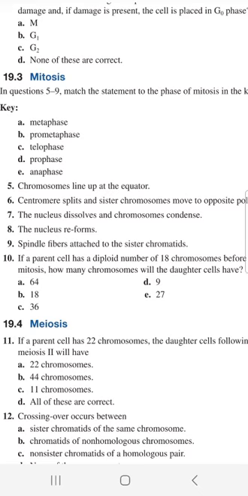Spindle fibers attached to the sister chromatids: this is prometaphase, in which the spindle fibers will try to line up the chromosomes in the center of the cell, or the equator of the cell.